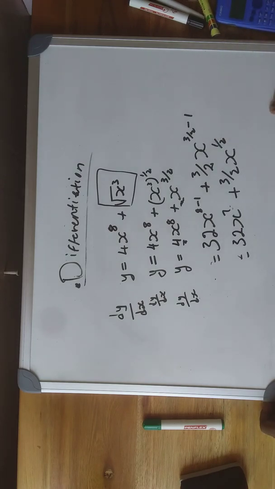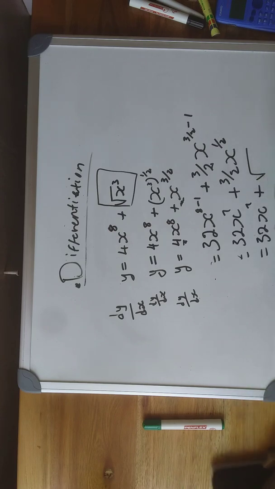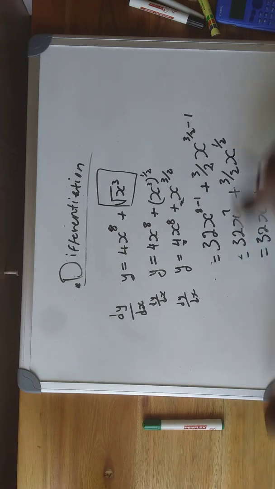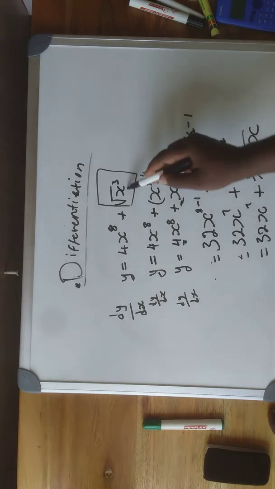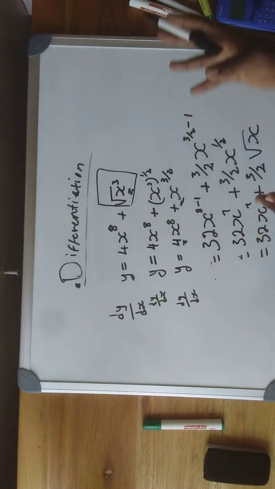You can leave it here, it depends on you, or you can simplify it further and say 32x to the exponent 7 plus 3 over 2 the root of x, because I explained a bit earlier how we got there.